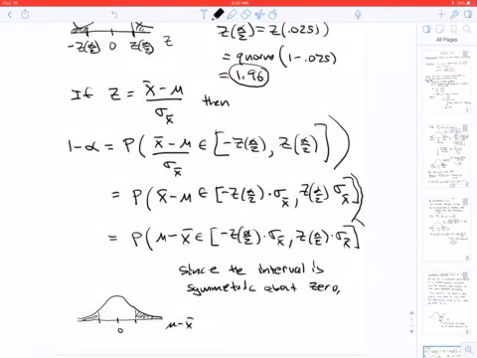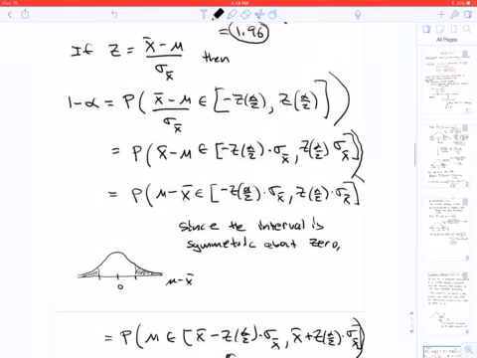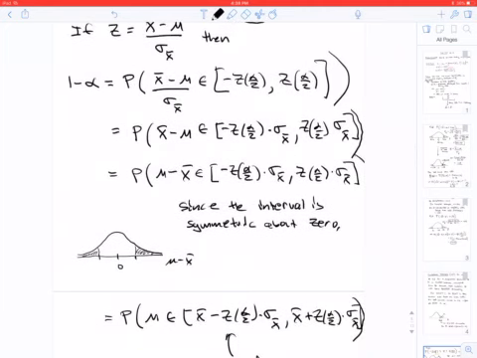We can multiply across by the standard error. That's the first equality here. The second equality follows from the fact that x bar minus mu is symmetric around 0.